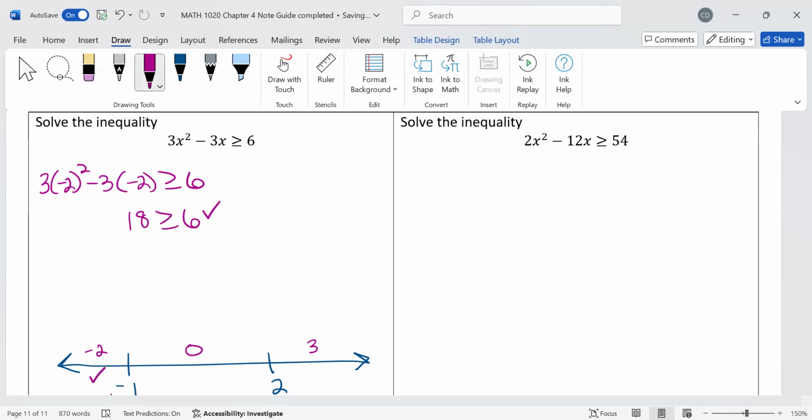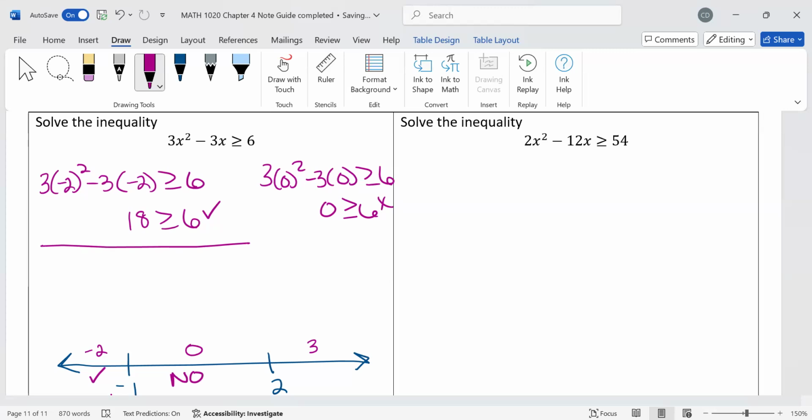Anything less than -1. Let's plug in 0. All right, this one's not true. 0 is not greater than or equal to 6. So nothing between -1 and 2 is going to work. And I'll show you what that means in a minute.